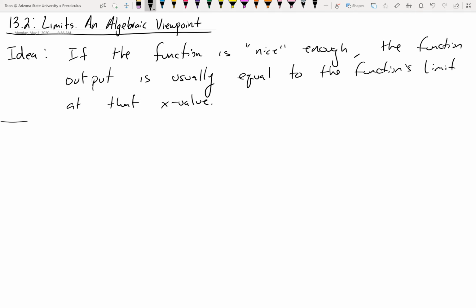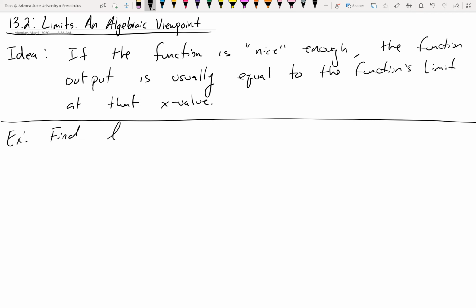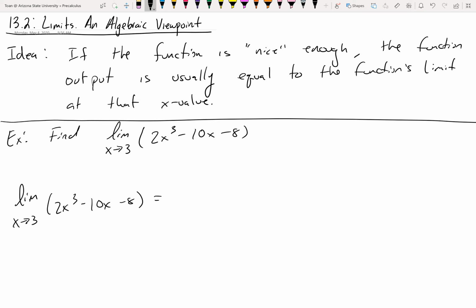So if I had something like this, find the limit as x approaches 3 of, I don't know, 2x cubed minus 10x minus 8. Well, that should be easy, right? The first thing I would do is straight up substitution. Now, this is my little forewarning to you. If you do any algebraic manipulations, you have to constantly write the limit down.